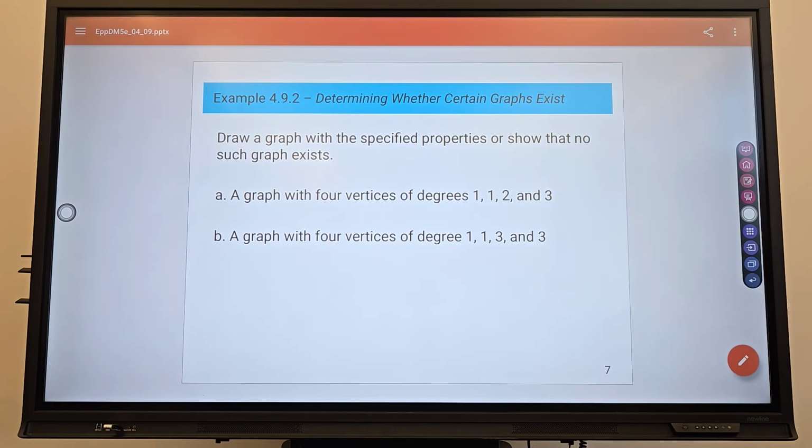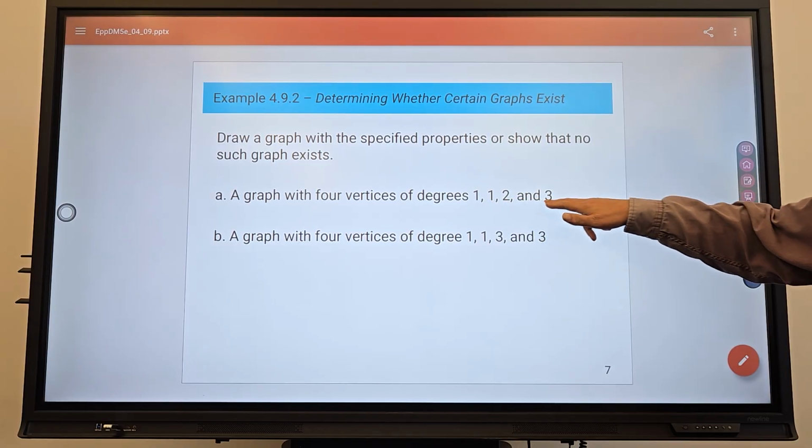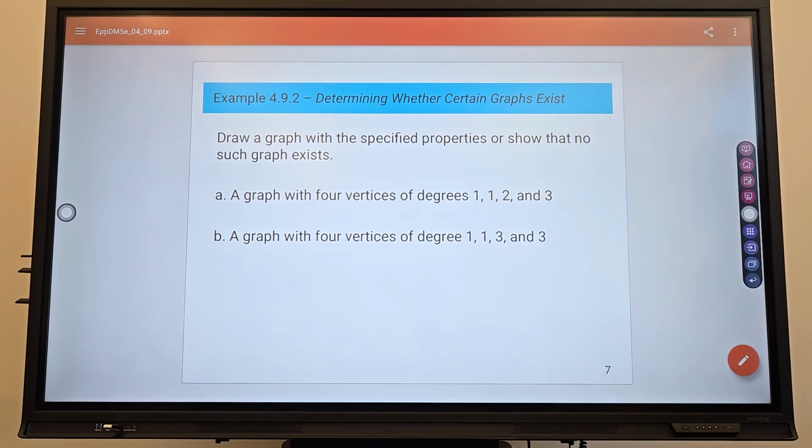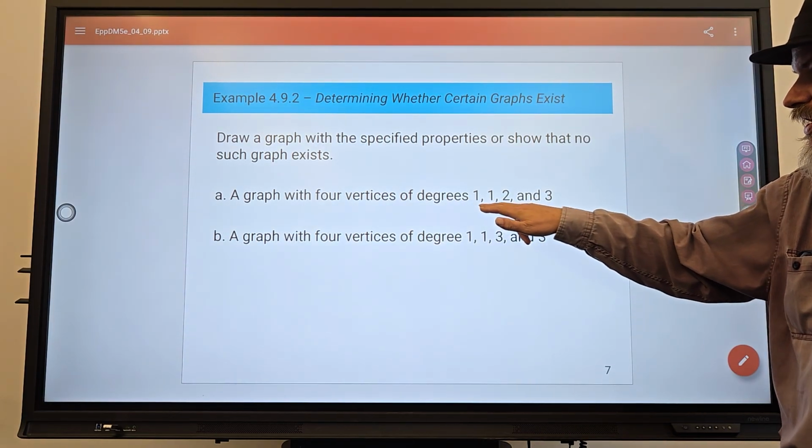So is graph A possible? With 4 vertices, each with degrees of 1, 1, 2, and 3? Is that possible? No, because it's an odd number of degrees.